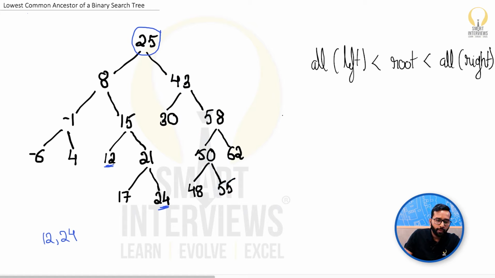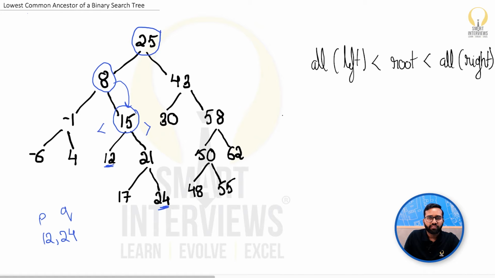Once we reach here, we'll realize that both the given nodes P and Q are greater than 8. So we will skip the entire left subtree and continue our search only on the right side. When we reach here, we realize that one of the nodes is less than 15 and one of them is greater than 15.